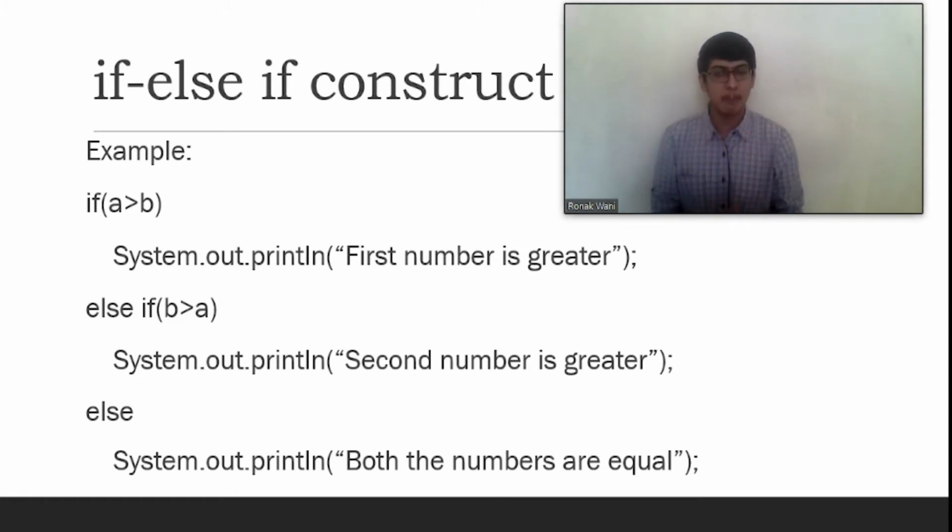It will immediately jump to the else if condition and check whether B is greater than A. If B is greater than A, it will print that the second number is greater. But if it is not, for example if both of them are equal, then it will jump onto the else block and, without checking any condition, print that both the numbers are equal.